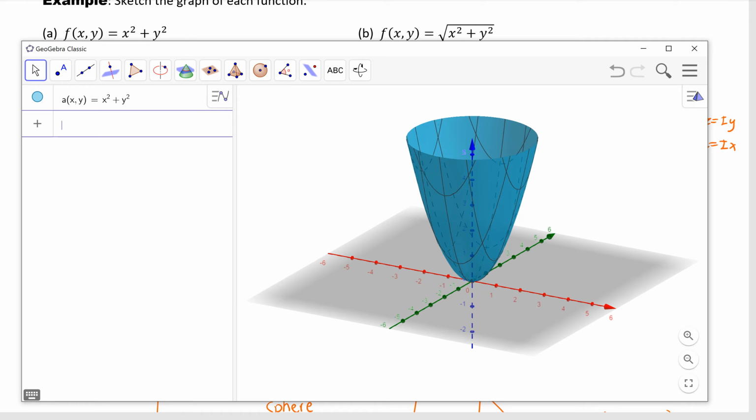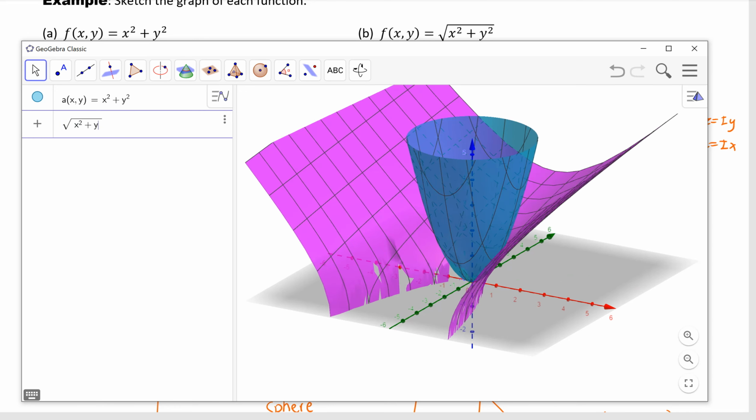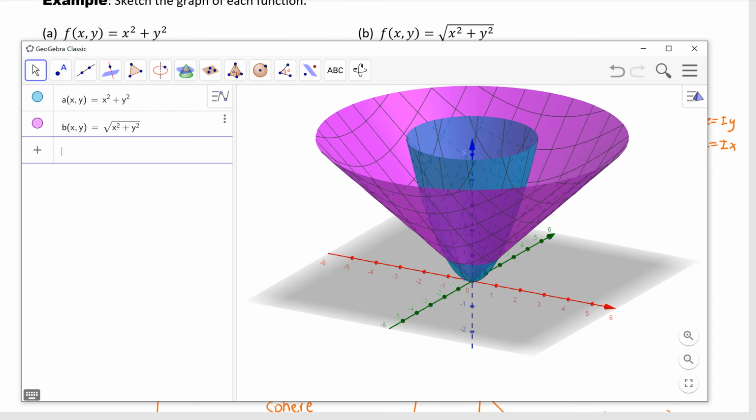And then the next one, we have a square root. Oh, how do we draw square roots? Okay, yes, square root. Oh, they don't need the line. Okay, and here we want to put inside x squared plus y squared. Oh, you see? This is a cone.